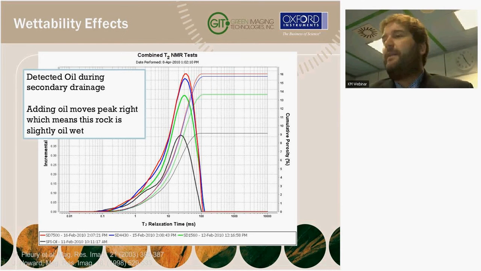And I've shown a real-world example in which we've done it, and that is detecting oil during a drainage cycle. In other words, we're adding oil to the sample. So we would start with the black, move to the blue, then to the red, and we did an experiment with something unique, which we can do in the laboratory, which of course you can't do downhole, and that is the water we've used in this instance is deuterium oxide.